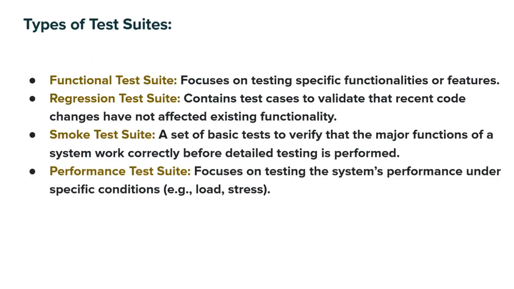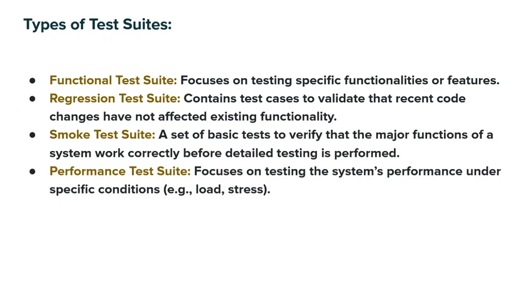What are the different types of test suites we can create? We can create a functional test suite which focuses on testing specific functionalities of a feature. Regression test suite: during every release, if you are going to perform regression testing, you should create one test suite with all the regression test cases that contains the test cases to validate that recent code changes have not affected the existing functionality.